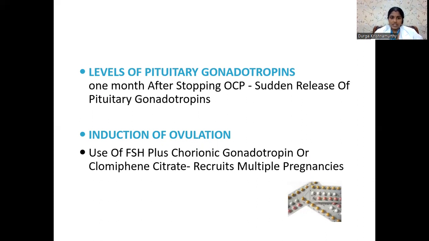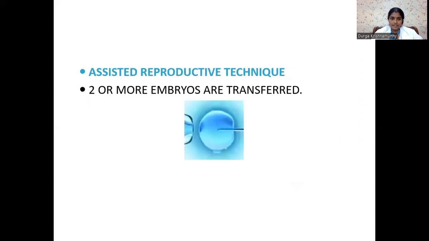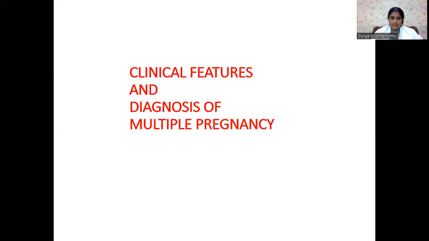Induction of ovulation is another important cause of multiple pregnancy. Use of follicle stimulating hormone plus chorionic gonadotrophin or clomiphene citrate recruits multiple follicles. Assisted reproductive techniques where two or more embryos are transferred is another cause of multiple pregnancy.